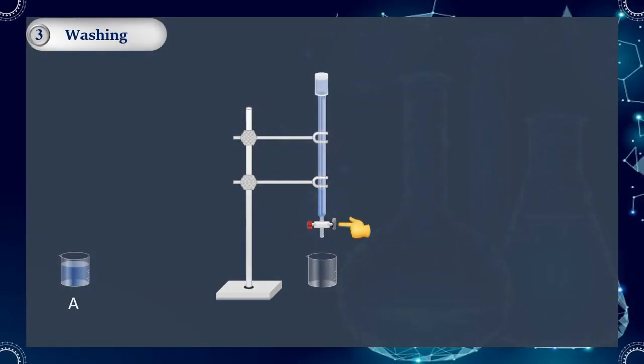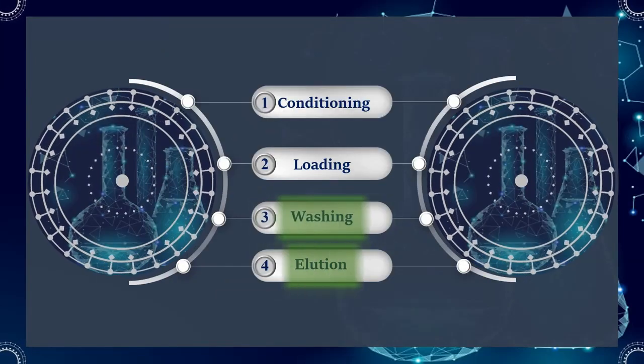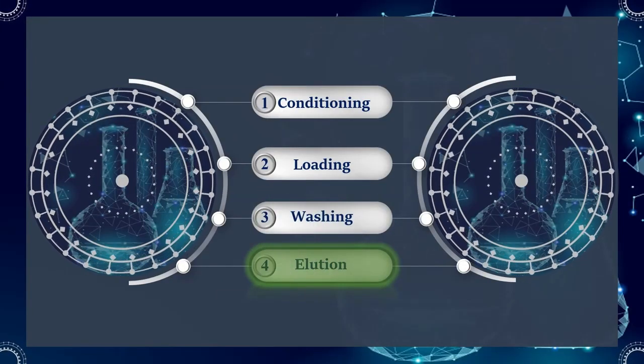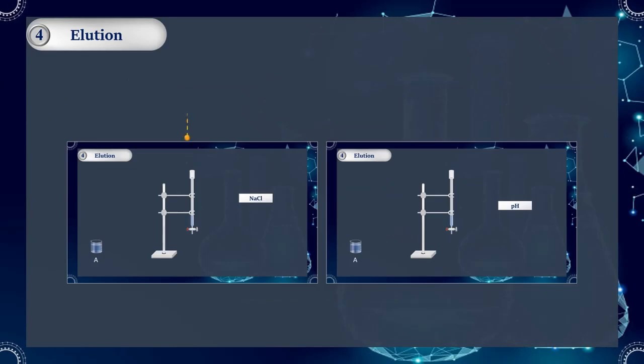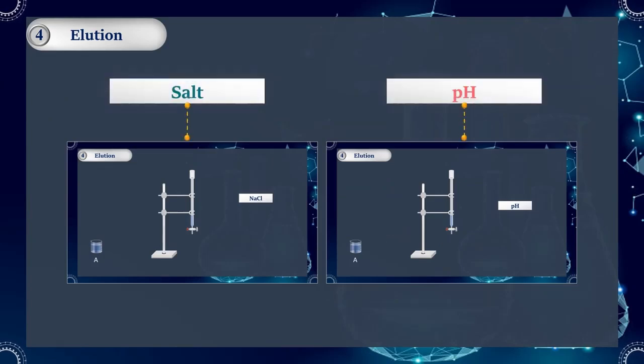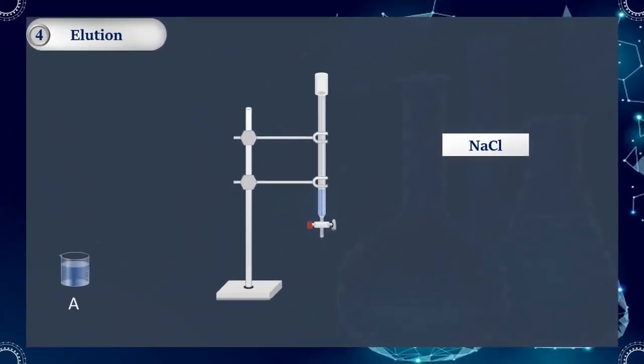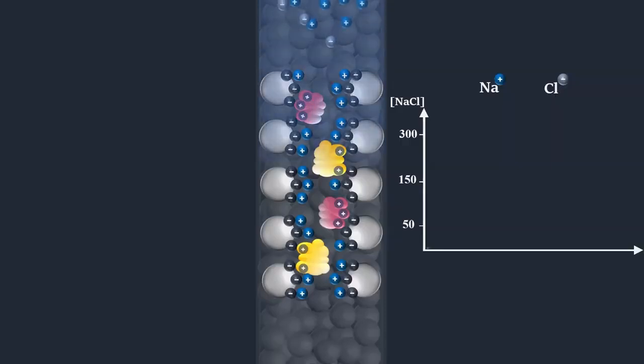Also, varying the pH of the buffer can be used to affect the separation and to elute the retained proteins. As we've seen, the pI of protein B is equal to 7 and the pI of protein C is equal to 9. And so, if you add a buffer with a pH above the isoelectric point of protein B and below the isoelectric point of protein C, protein B will become negatively charged and can then be eluted.